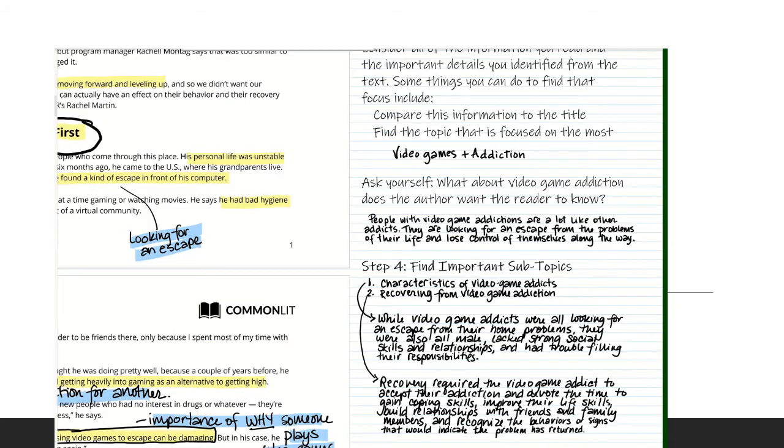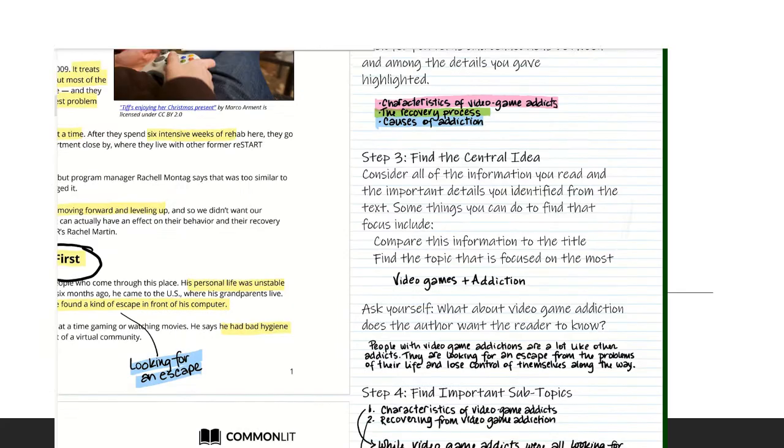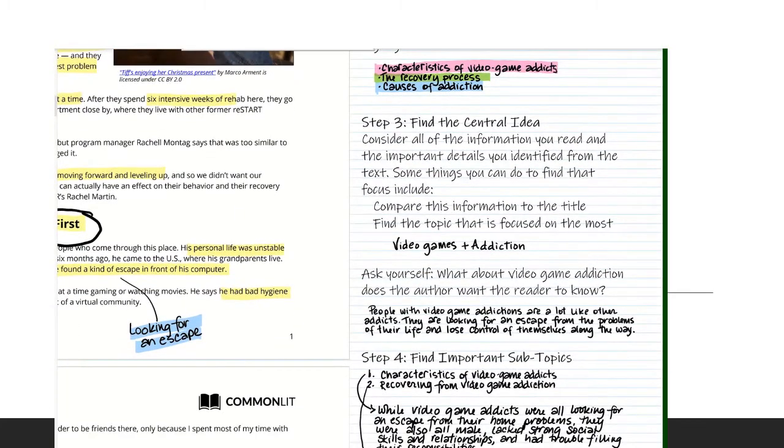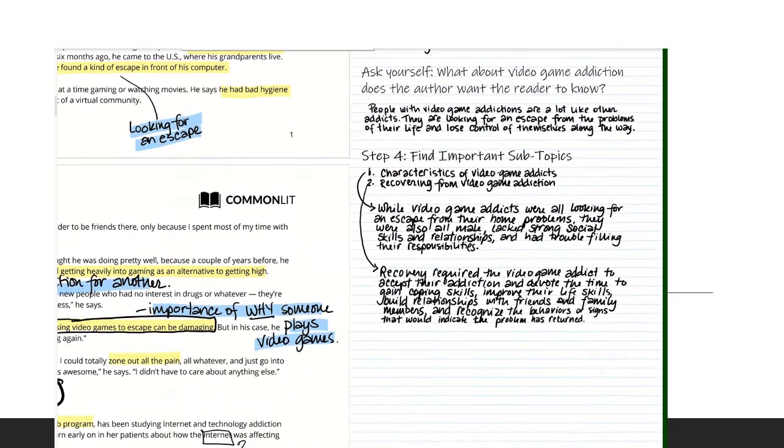So I went through the last step here. I found the important subtopics. The two that I identified are the ones that I had up above. They're in the pink and green. So the characteristics of video game addicts and what recovering from video game addiction looks like.